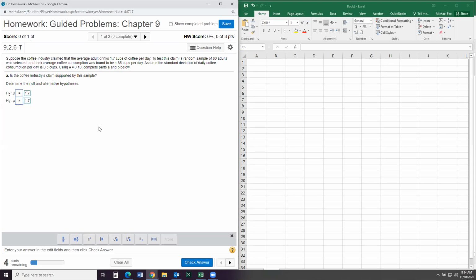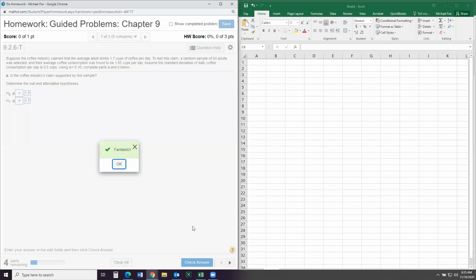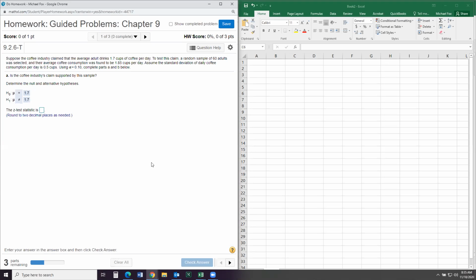So our null hypothesis is that our population mean is going to equal 1.7 cups per day, what the industry claims it is. And then our alternative hypothesis is that it is not equal to 1.7 cups per day.